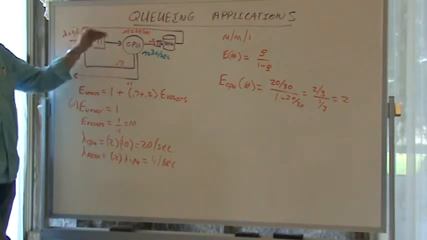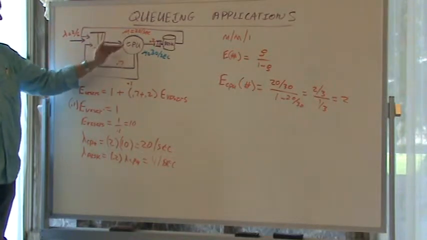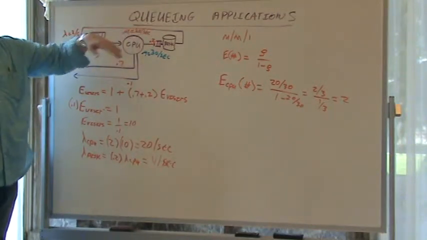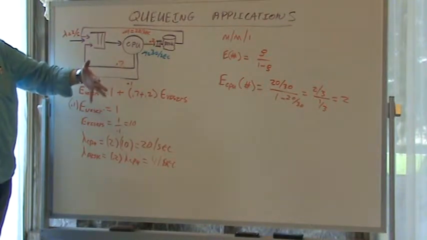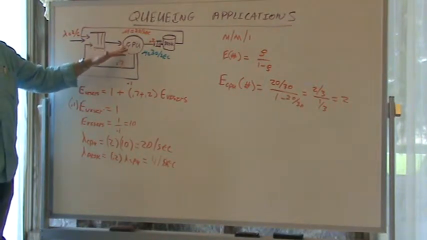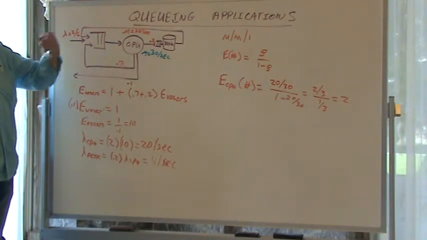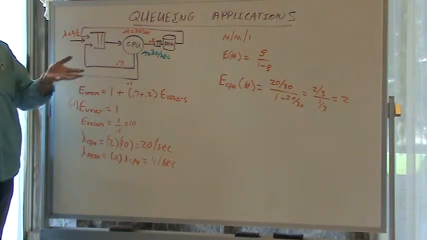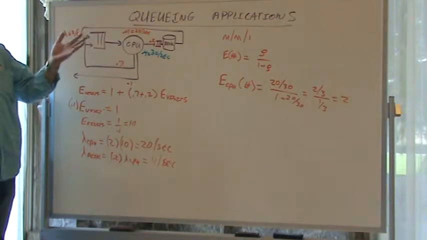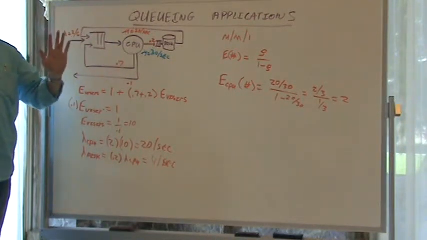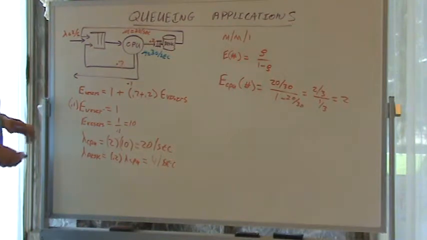If the rate in is 20 per second and it gets stuff out at 30 per second, 2/3 of the time it's doing something, 1/3 of the time it's sitting idle. But when we arrive, 1/3 of the time we see nobody in front of us, 2/3 of the time we see something in front of us, and if you average it all out, it comes to 2 customers on average.